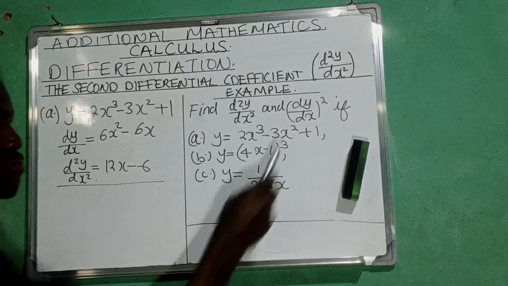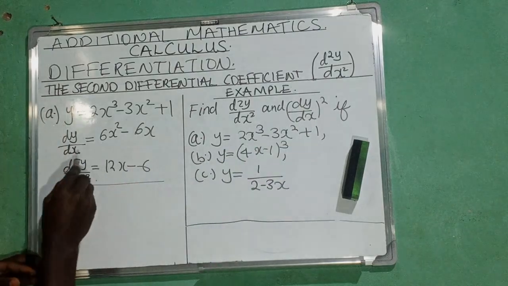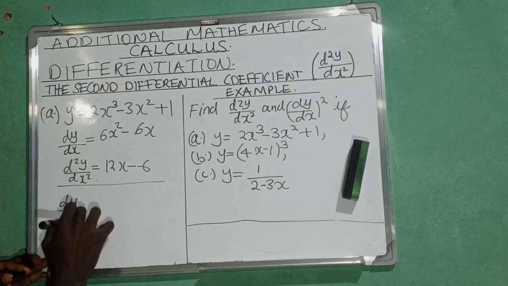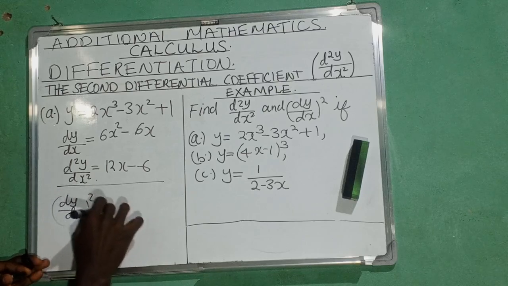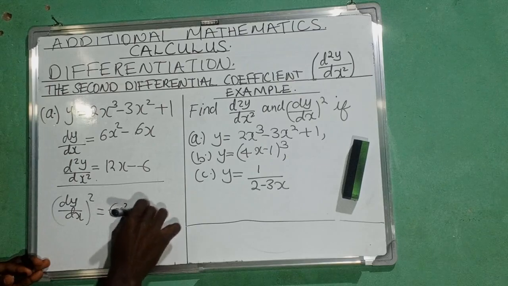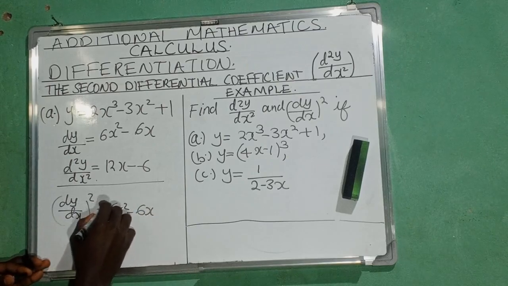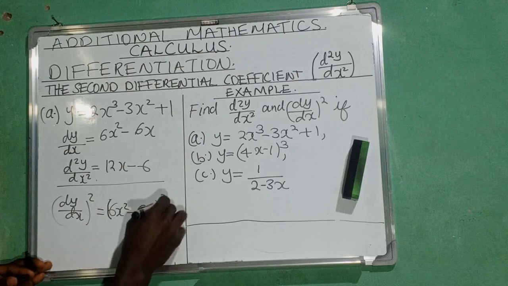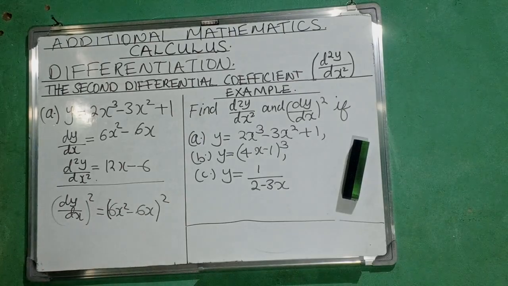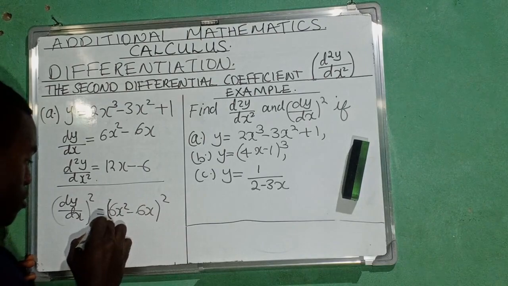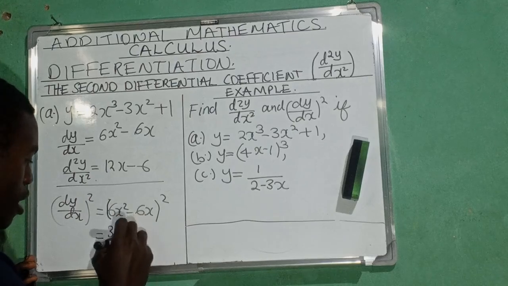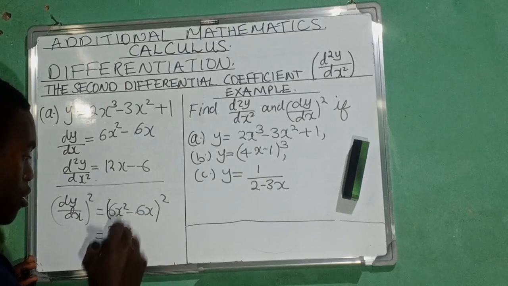And then they're also saying find (dy dx) squared. dy dx is what we found here, 6x squared minus 6x, and everything here has to be squared. So let me put this in brackets, squared, because they are saying dy dx squared. By now you should know the expansion of this. 6 squared is 36. x squared times x squared is x to the power 4.